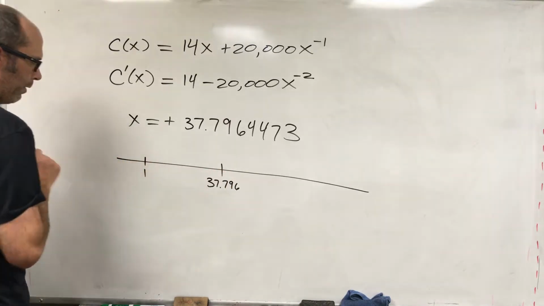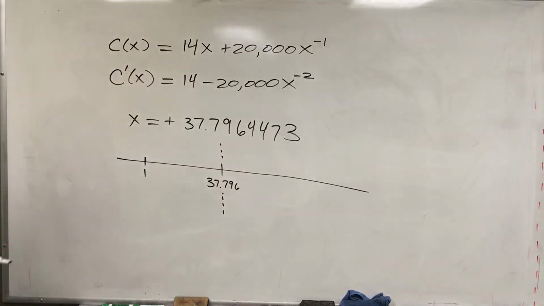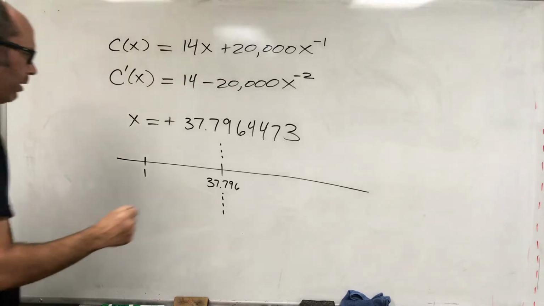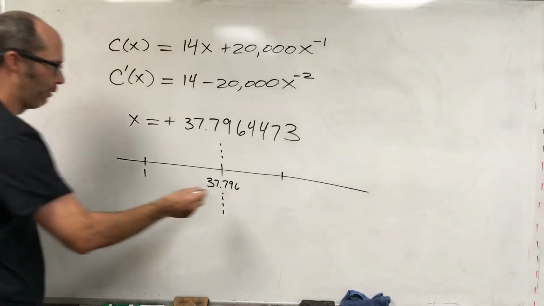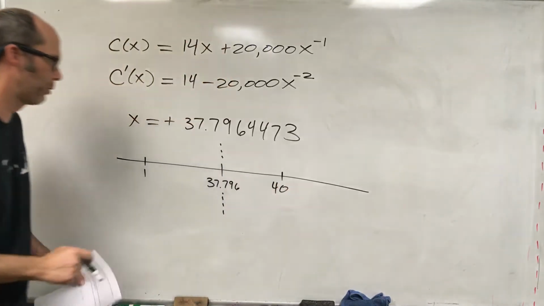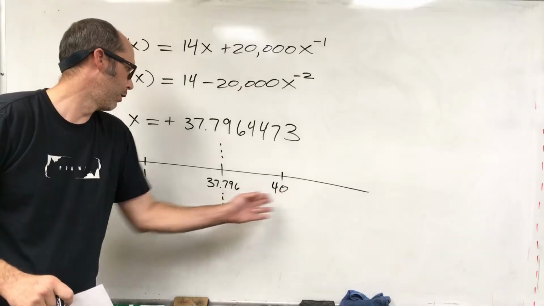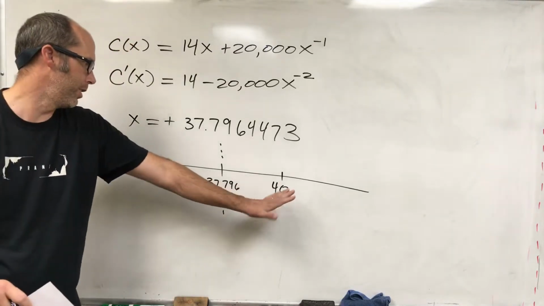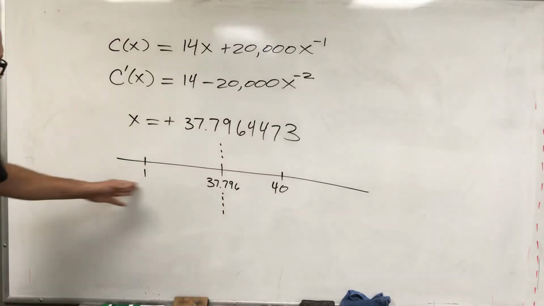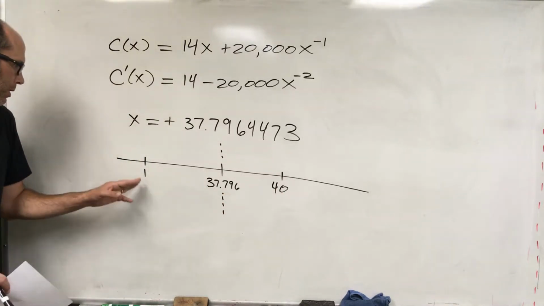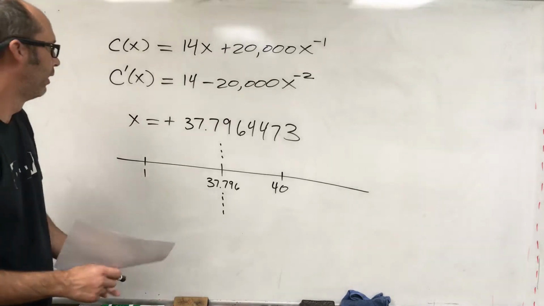Let's pick a 1 on this side, and on the other side, let's say 40, a nice round number. You could pick anything, but you might as well pick something easy.